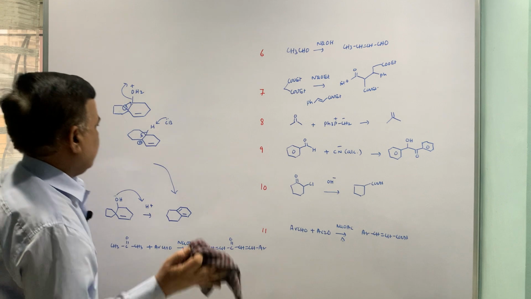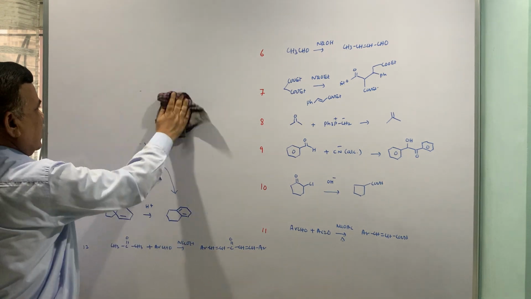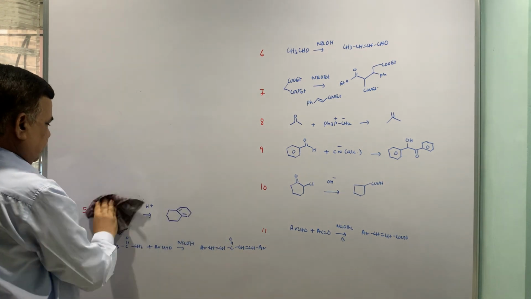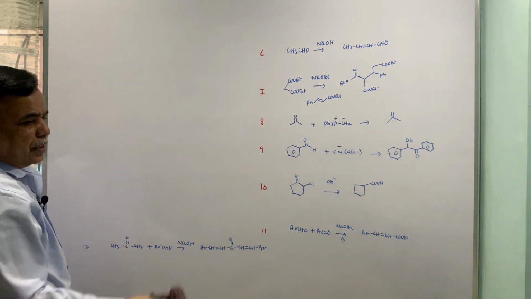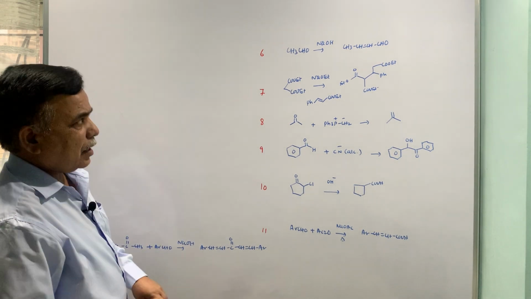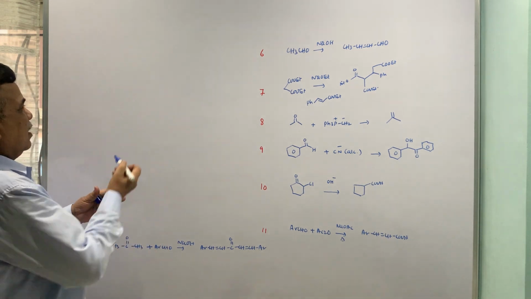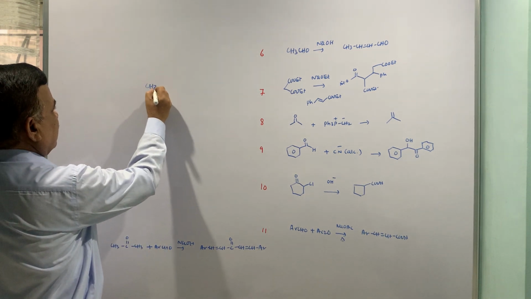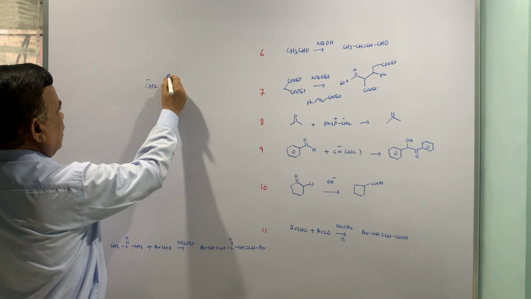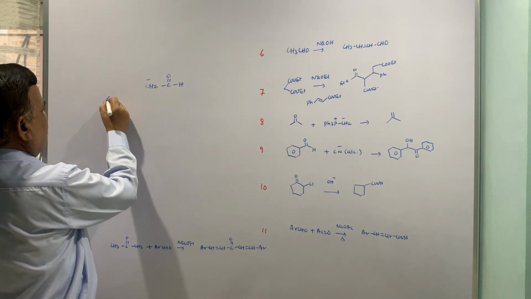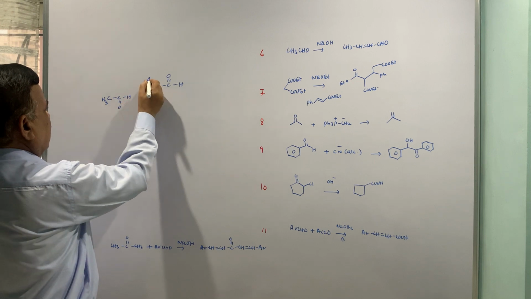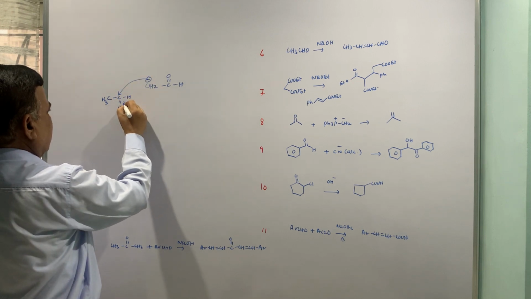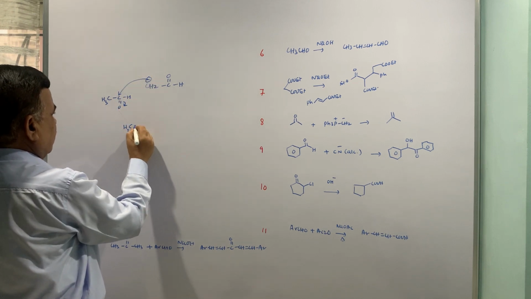Then moving on to the sixth example. Sixth example is your classical aldol condensation. I will just quickly write the mechanism for the same. So, you generate a carbanion, and then this carbanion is added to the other aldehyde. So, this is a self condensation reaction, you can say.